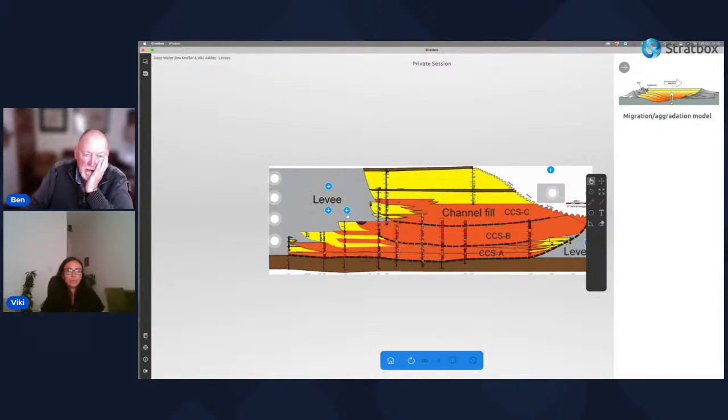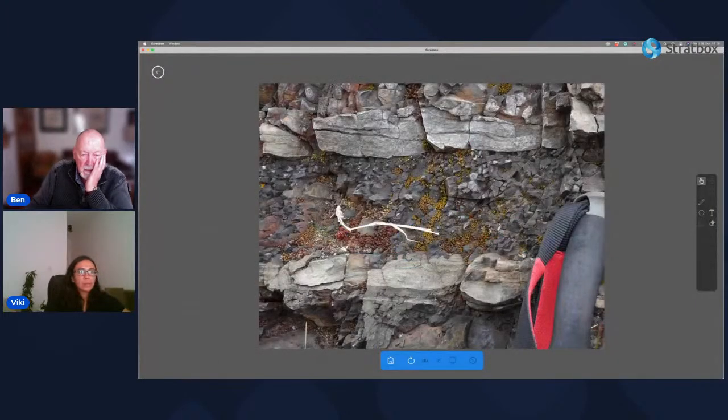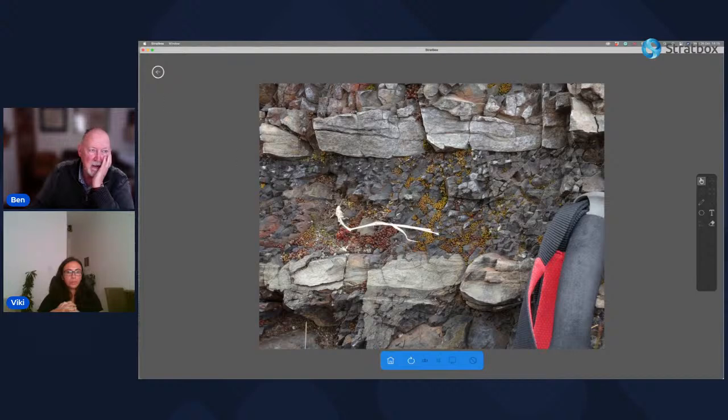Now, the levee is made up of thin-bedded turbidites. This is fairly typical of levee sediments, quite often ripple cross-laminated, rather thin-bedded. Quite commonly, the top of the sand is fairly sharp, goes into a silt to mud, and each one of these couplets represents the deposits of one turbidity current overspilling from the channel onto the levee.